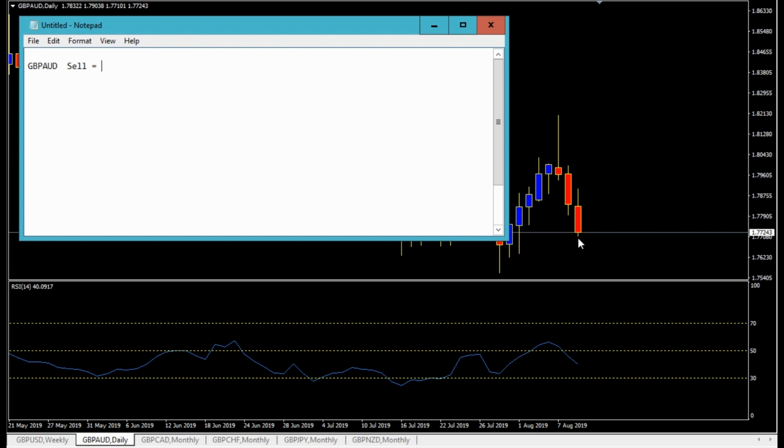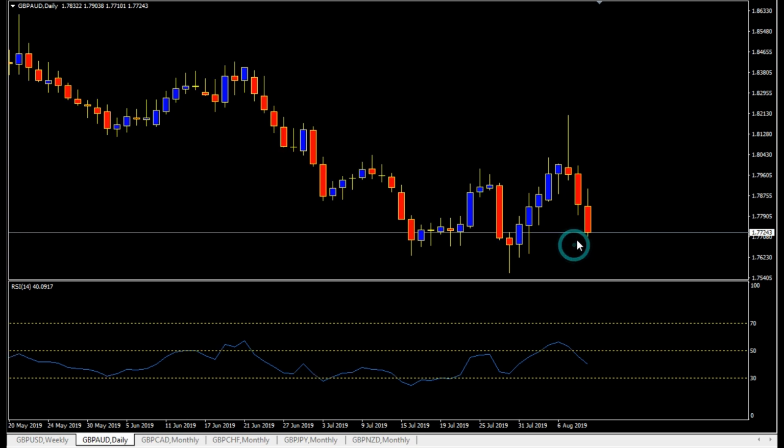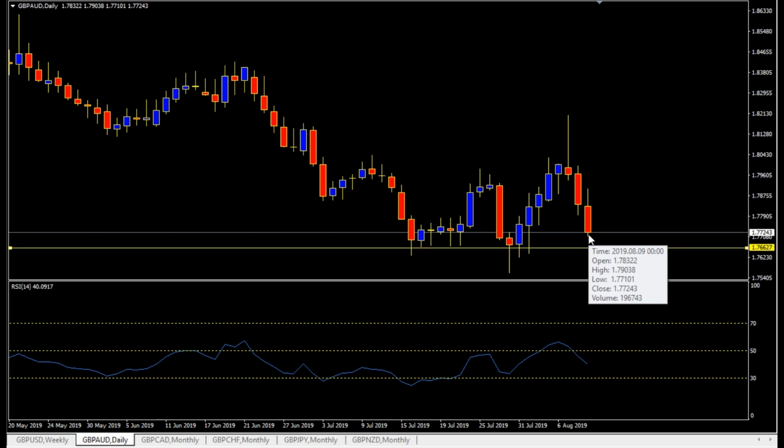So let's see what's the low of this candle. The low was 1.7710, so below that it should be 1.7705.